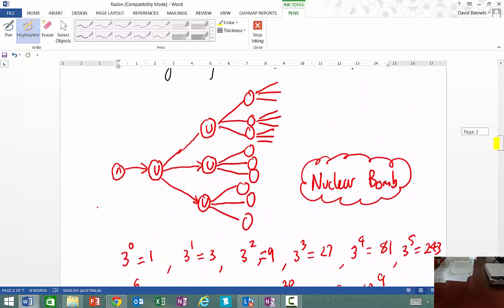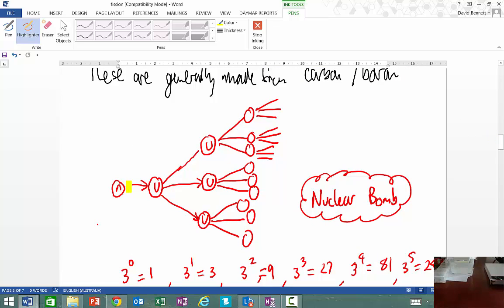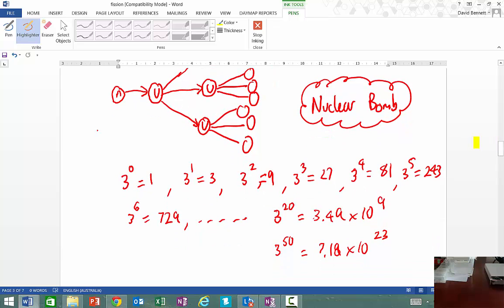If we don't have that, then what we have is an uncontrolled chain reaction, which is a nuclear bomb. So if you're thinking about the 3 neutrons, they become 3, become 9, become 27, 81, and all of a sudden, by the time you get to 50, you're looking at a huge number of neutrons, and that's the kaboom stage, and we don't want that.